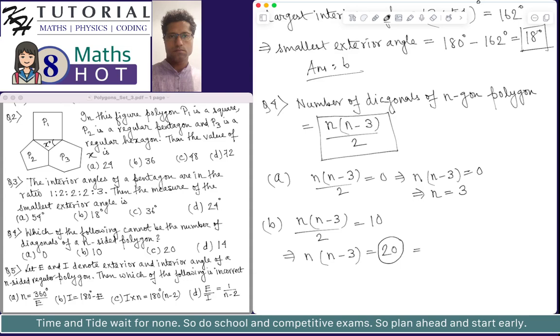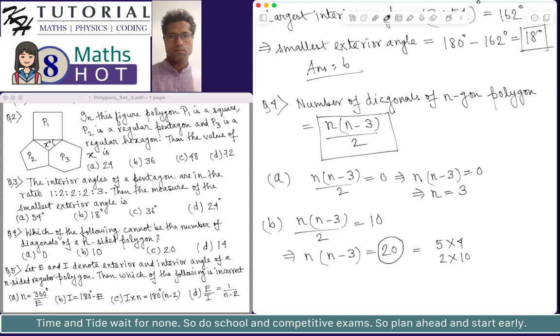Can we factorize 20 as two natural numbers whose difference is 3? It can be 5 into 4, but the difference of 5 and 4 is not 3, so this is not possible. 2 into 10, but the difference of 2 and 10 is not 3, not possible.